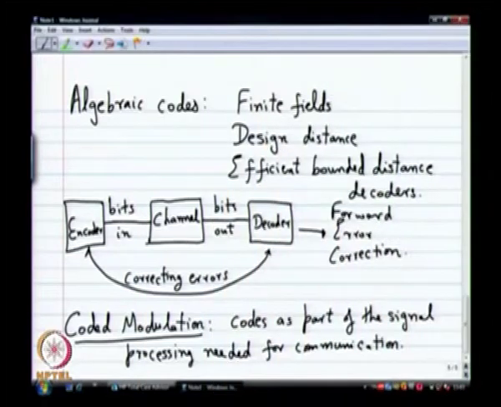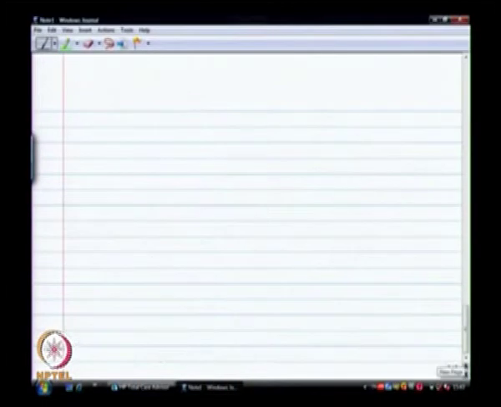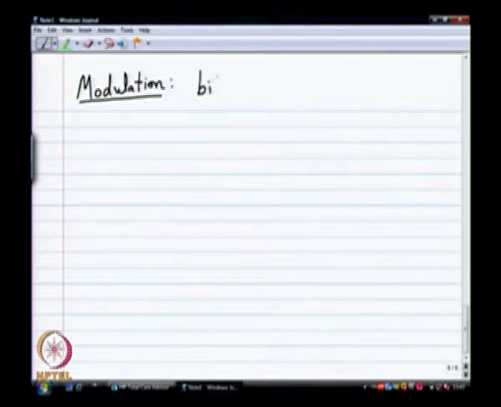So how do we think of modulation? We will use a 2-dimensional vector kind of representation for modulation. In fact we will only use 1 dimension, but just for the sake of it I will draw pictures. Like I said, modulation is the process by which bits are converted to signals suitable for transmission.